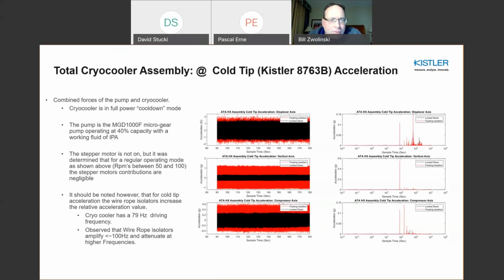Some of the primary frequencies of the cryocooler were very close to 100 hertz or less than 100 hertz, so we were definitely seeing some amplification of these disturbances. Obviously some more work is being done on particle dampers and more integrated solutions to reduce the overall vibration at the cold tip. But it gives you a flavor for what type of work has been done.